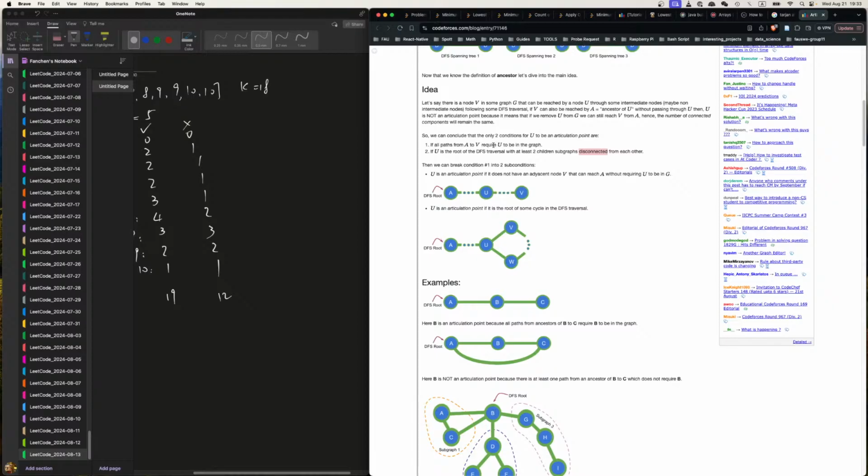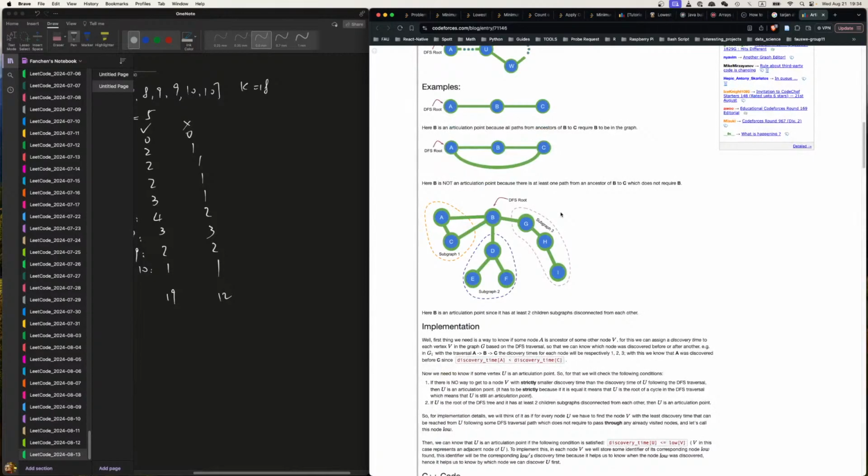I agree, all the paths. So if we set up a route and then we do all the different DFS that get to V, and each one we can get the discovery time. And then what?